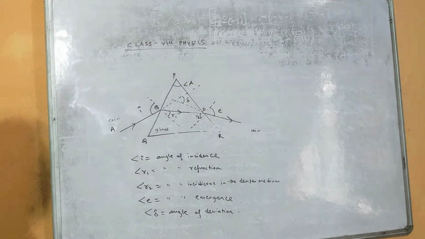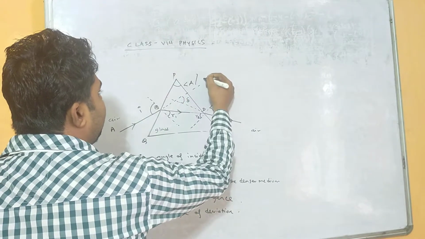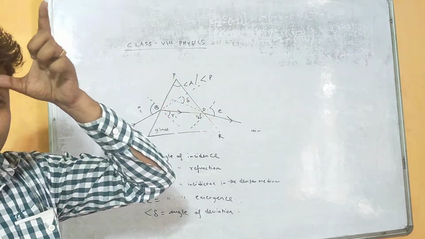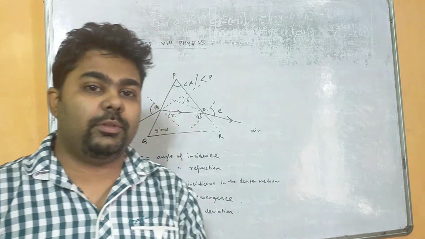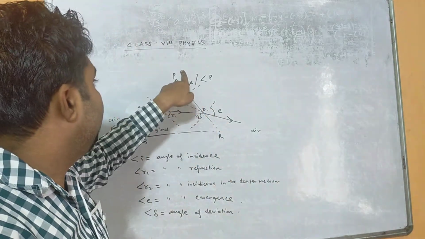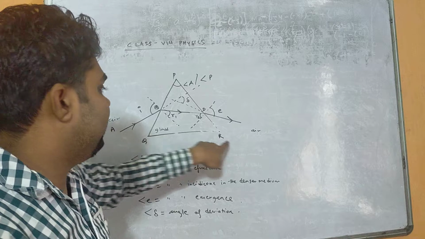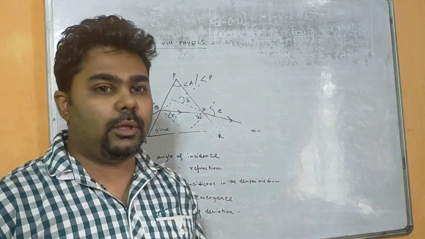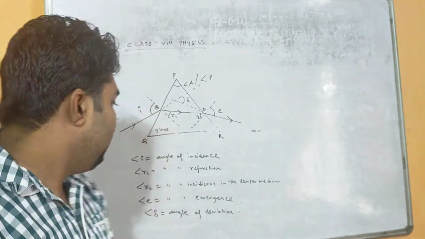The angle of prism, since it is at P, we can say angle P also, but let us consider it to be angle A. Generally we denote the angle of prism as A, and the vertices we mark as A, B and C, though I have written P, Q, R here, so the angle of prism is P according to the diagram, right?